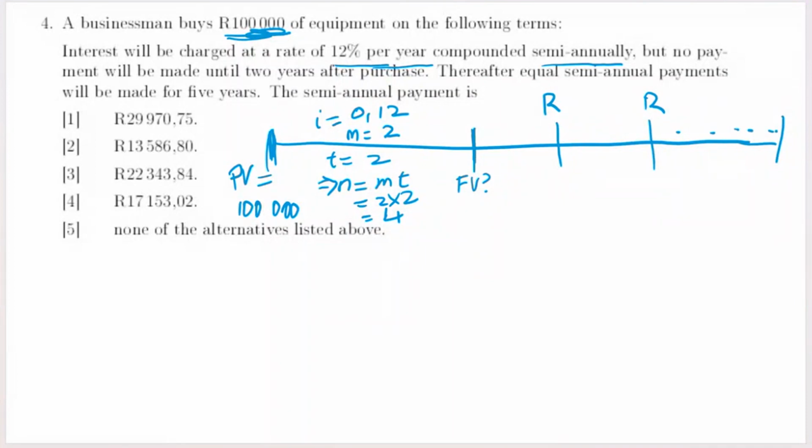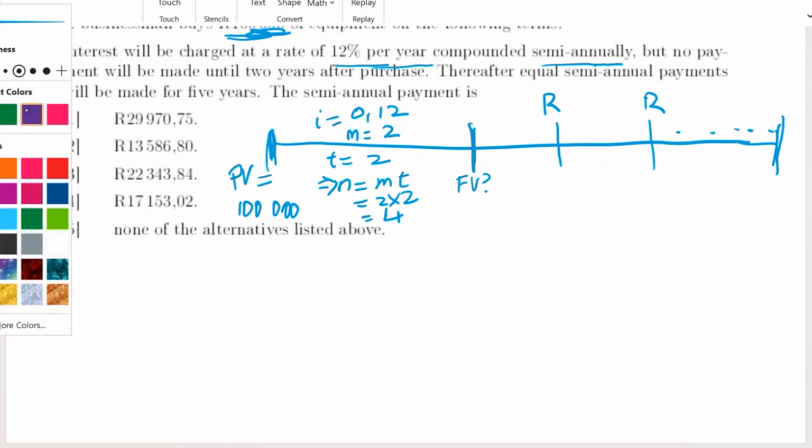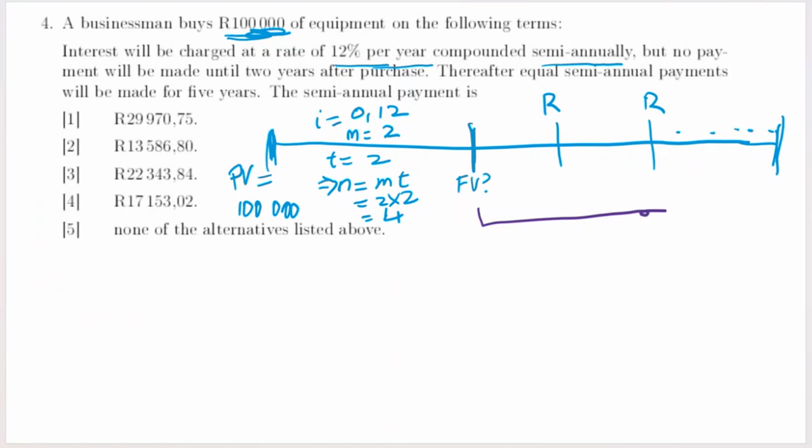So from here until the end, let me get a different pen. We are looking at this part, and the time there is equal to 5. However, you are told these payments are made semi-annual, which implies that your N is equal to 5 multiplied by 2, which is equal to 10.